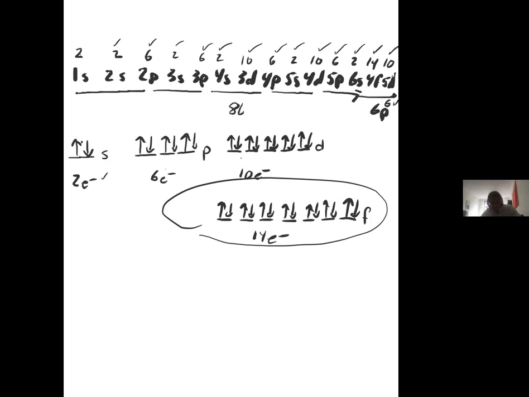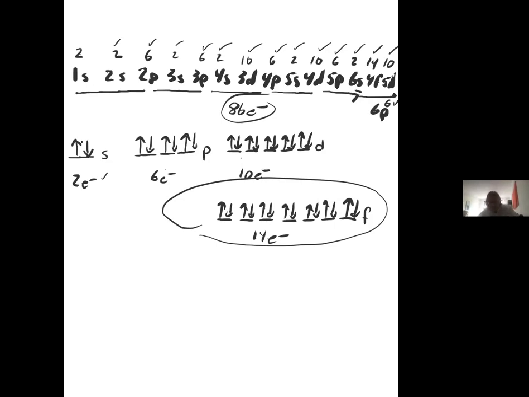So that's a lot. Now, we do have elements that are more than 86, right? We have elements that go all the way up, in theory, up to 118, although in practice, 96, 98 is about the limit of what you find even in laboratories. In nature, 92 is the limit. So what happens after we do 6p?